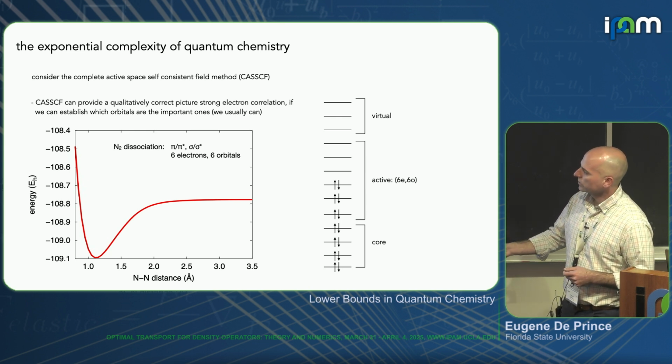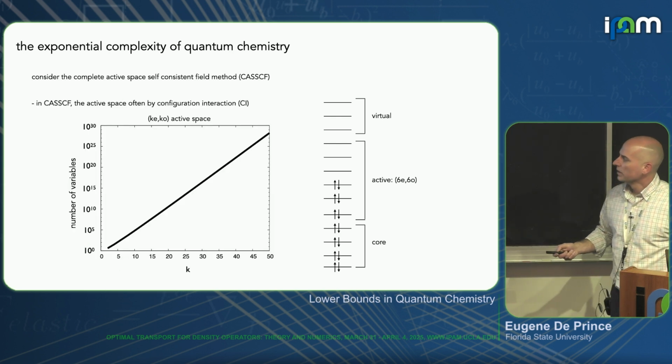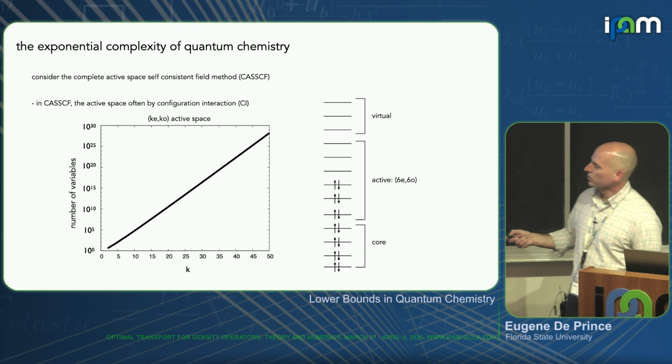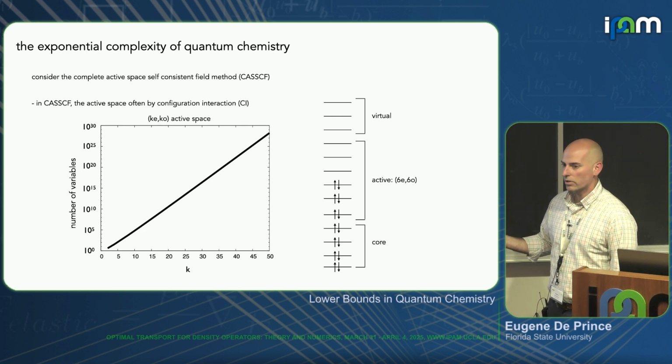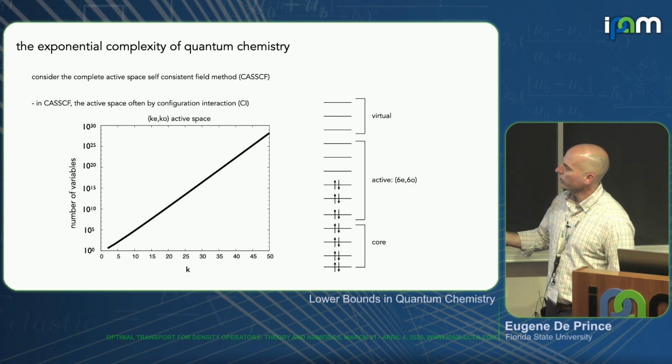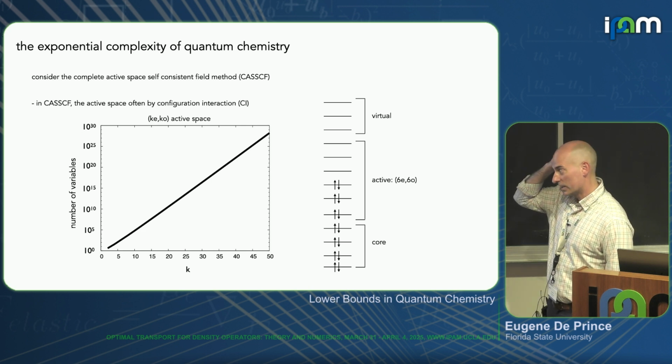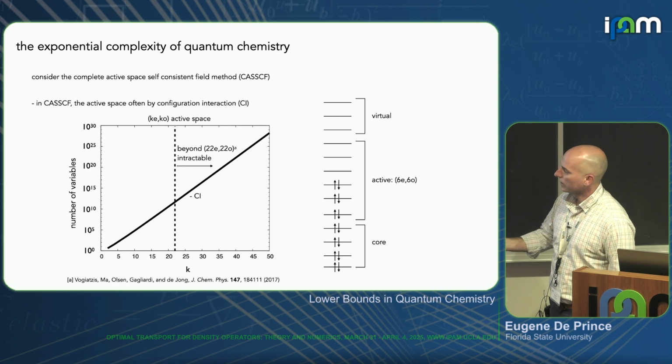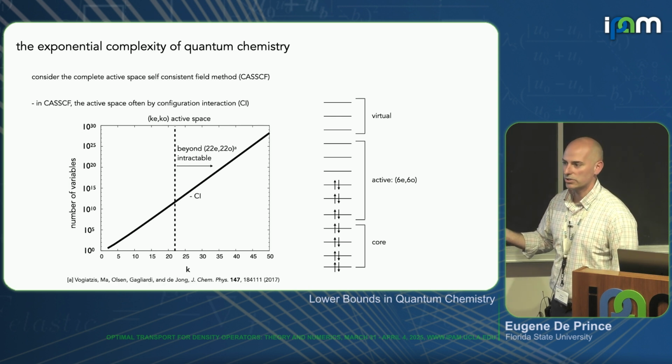And this type of approach is great. It gives you a qualitatively correct picture of complex processes like this. The problem with such an approach is that you run out of steam very quickly when you go to larger systems. The number of variables in this type of wave function will blow up combinatorially with system size. And so at about 22 electrons and 22 orbitals, you can't do this type of calculation anymore.